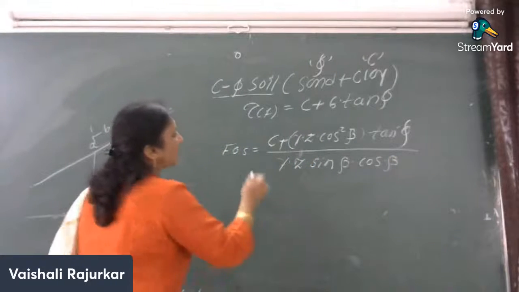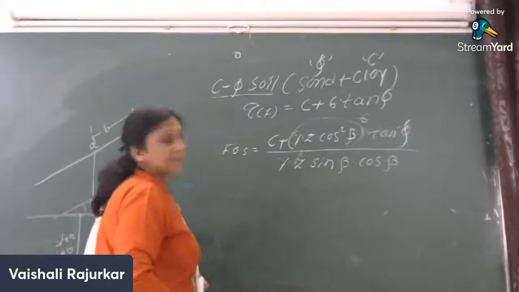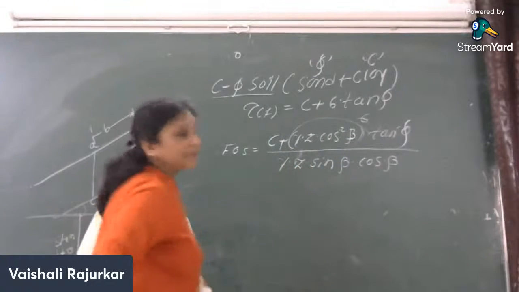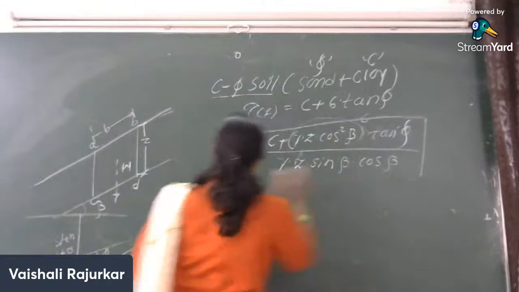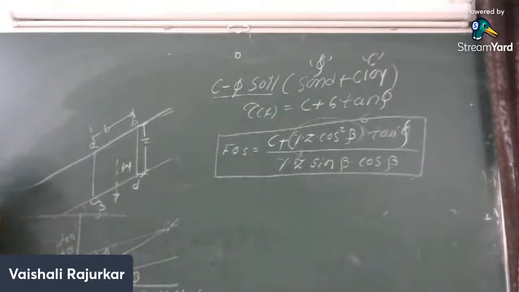Now what is this gamma into Z cos square beta? It is sigma. So C plus sigma tan phi, upon gamma into Z sin beta into cos beta. This is the equation of factor of safety if the soil is a C phi soil. Then it is subjected to seepage.